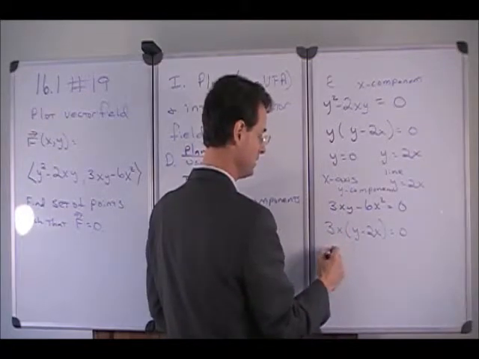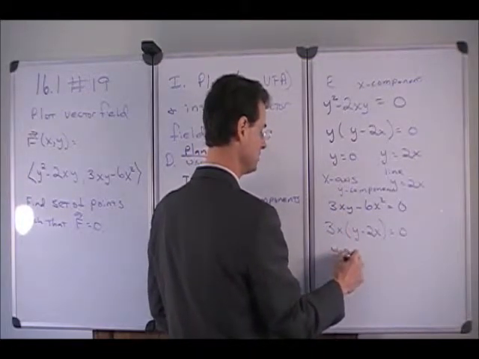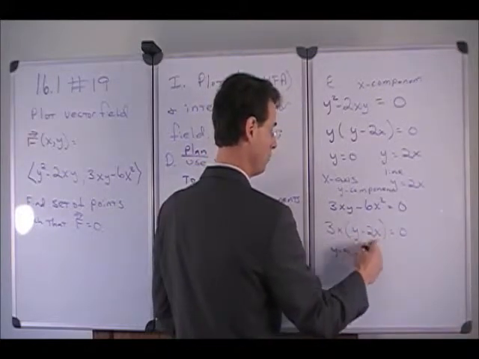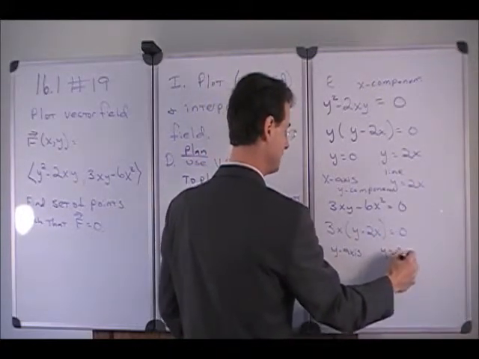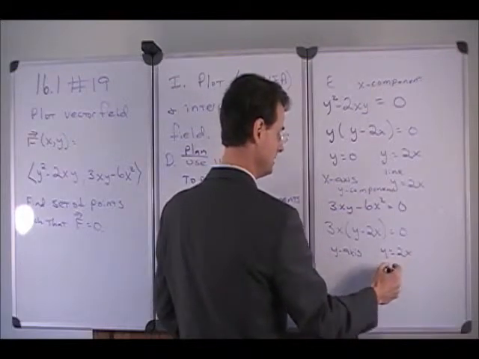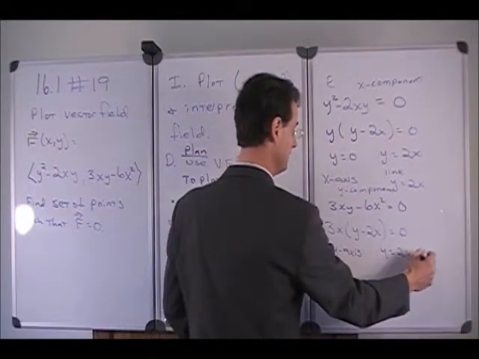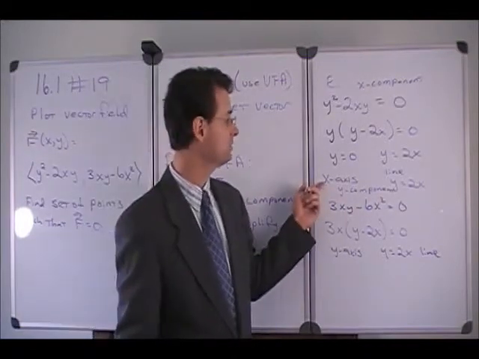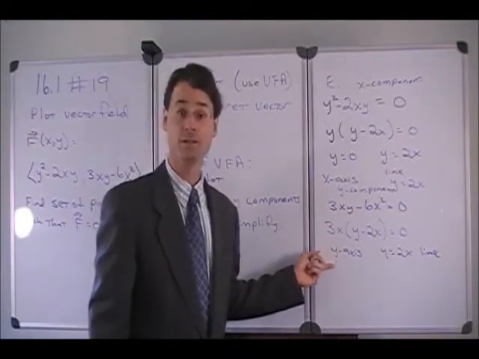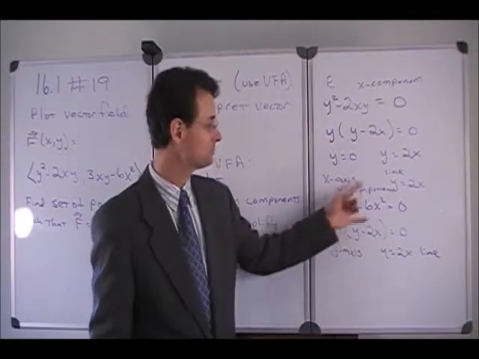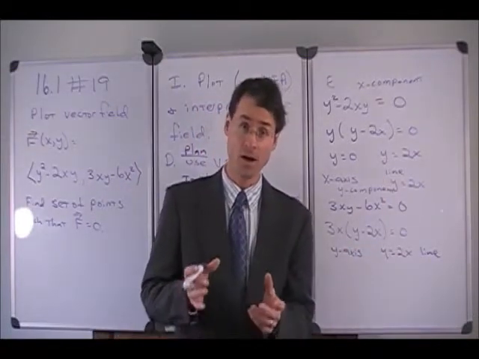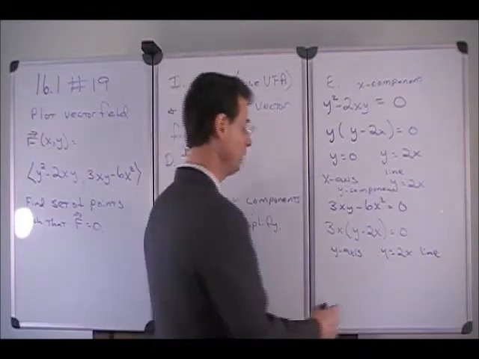So this gives the y-axis, and y equals 2x is the line y equals 2x. So what we found is that the x component is equal to 0 on the x-axis, the y component is equal to 0 on the y-axis. But both components are equal to 0 along the line y equals 2x.